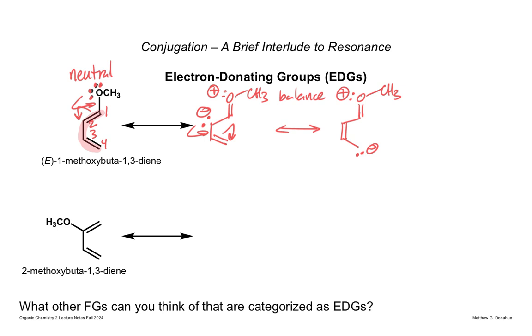So basically what we're learning from this is positions 2 and 4 are electron rich.